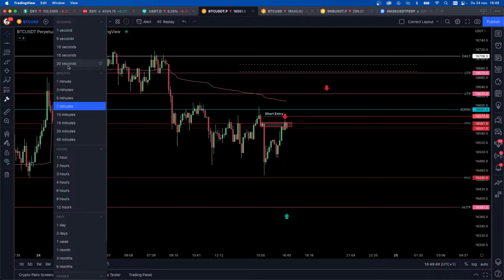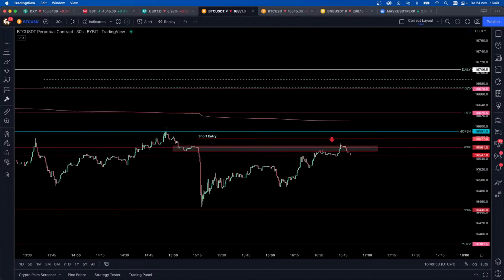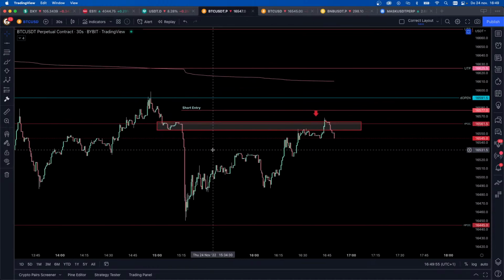And I explained why we could fall here as well because of this untapped price region.